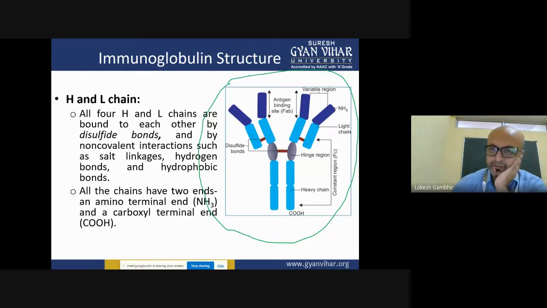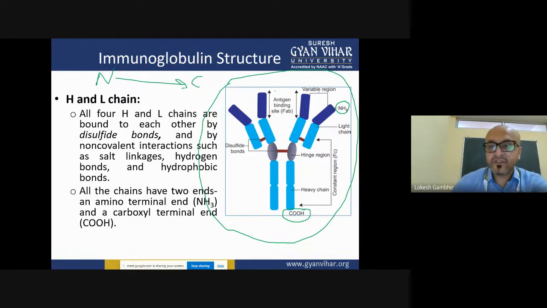is nothing but a protein. A protein is always synthesized from N terminal to C terminal. Similarly, this antibody always has N and C terminal. At the N terminal, there is a free NH3, and at the C terminal, there will be COOH, a carboxyl. So please be clear in your mind.